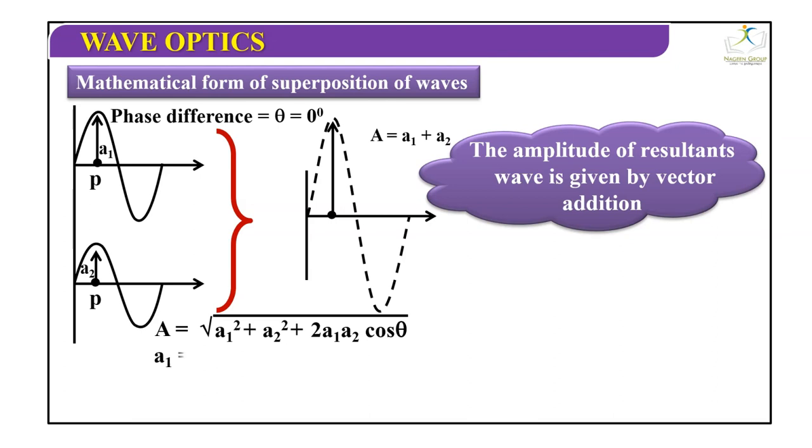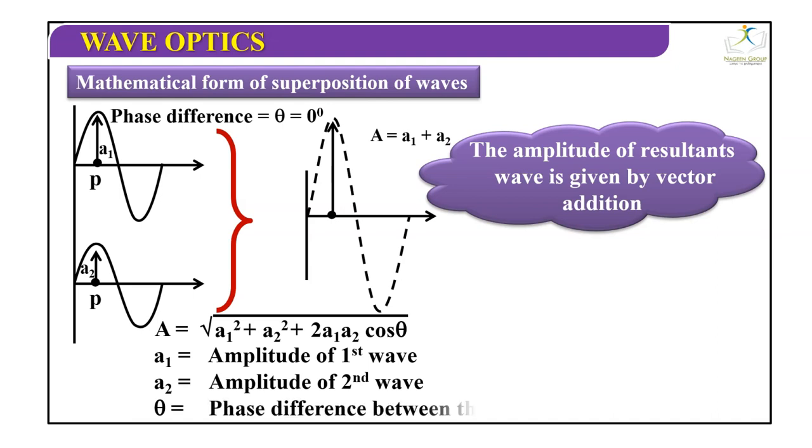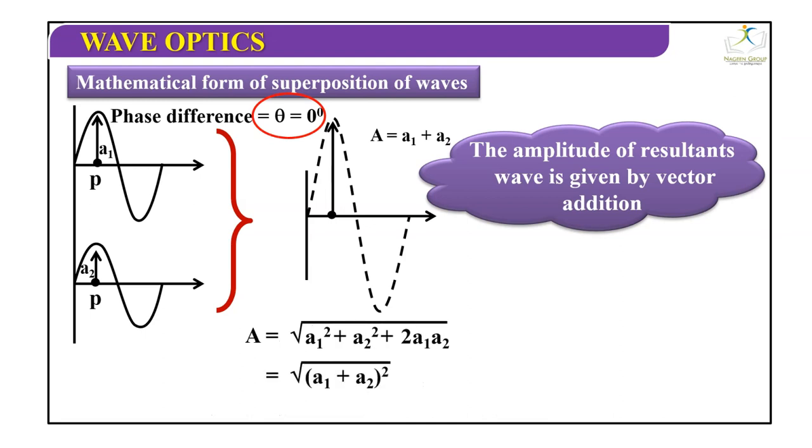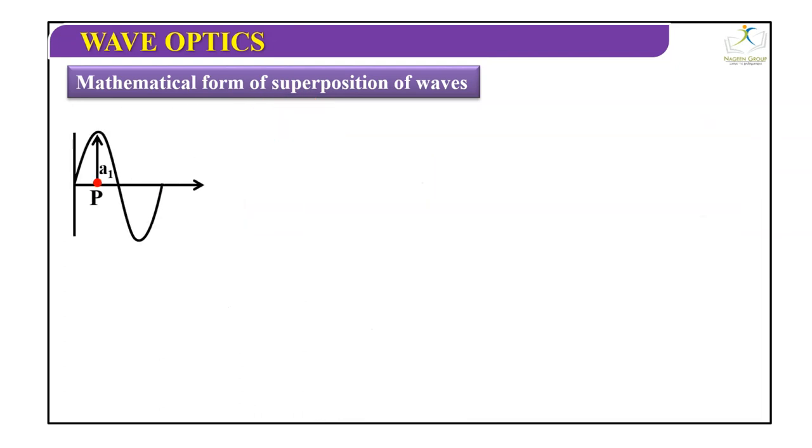As we know the phases are the same, so theta will be 0. A1 is the amplitude of the first wave, A2 is the amplitude of the second wave, and theta is the phase difference between the waves. We put all these values here; cos 0 is 1. This is the formula for A1 plus A2 whole square. So the amplitude will be A1 plus A2.